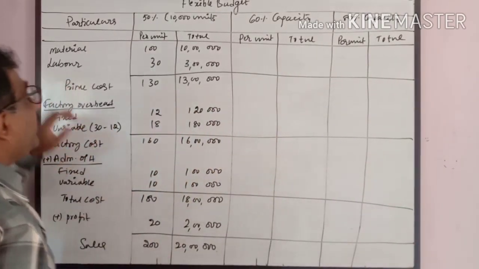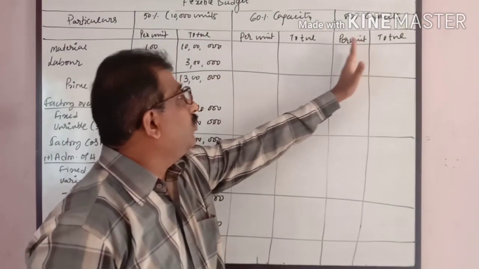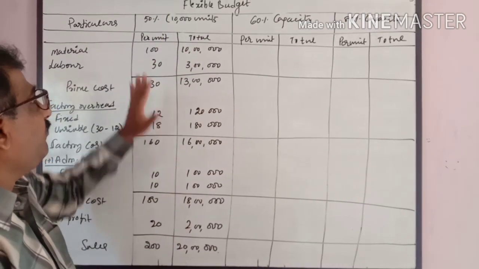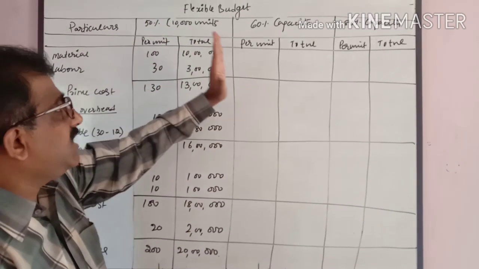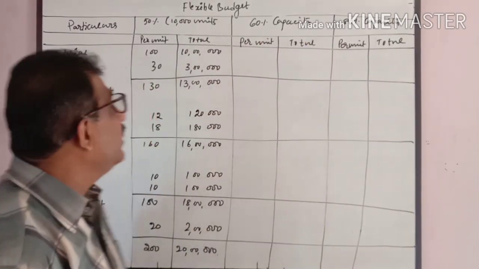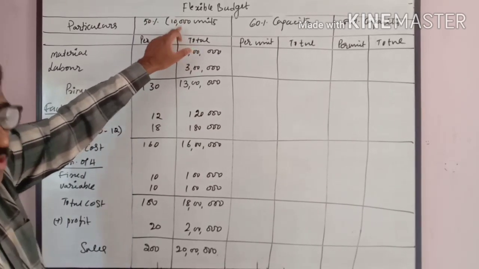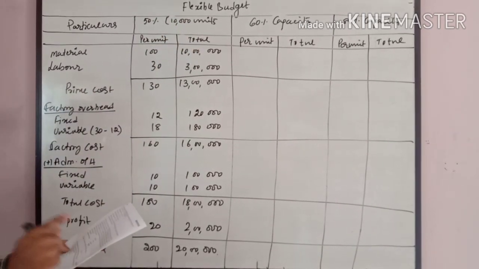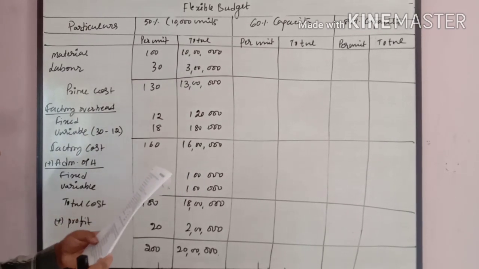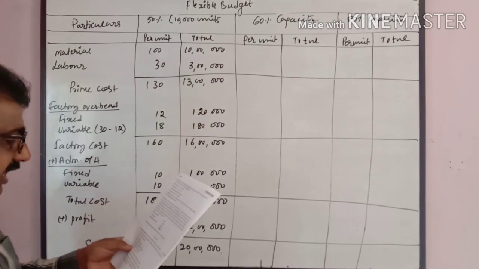At 50% capacity, these expenses are already incurred, and they ask us to estimate for 60% and 80% capacity. At 50% capacity, they are producing 10,000 units, as given in the problem. Selling price per unit is 200, which we have to take at the end.